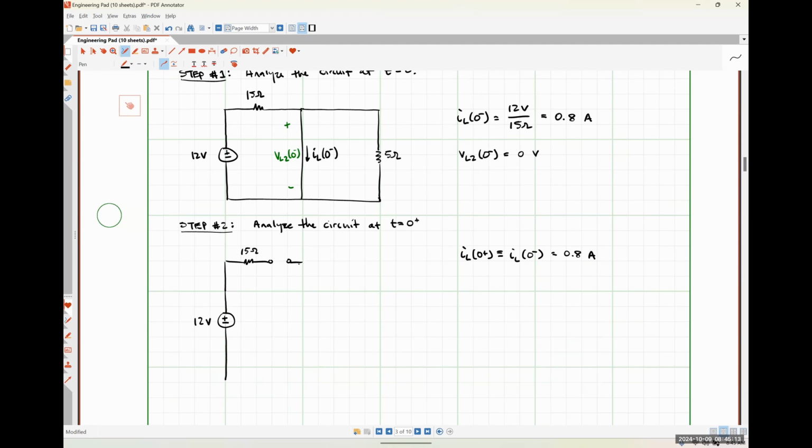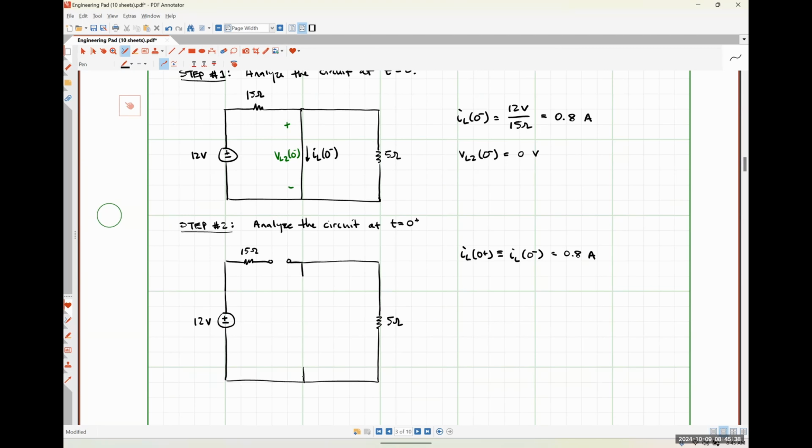We've got our 2 inductors, so we'll come around to that in a moment. And then over here on the right-hand side, we've got our 5 ohm resistor.